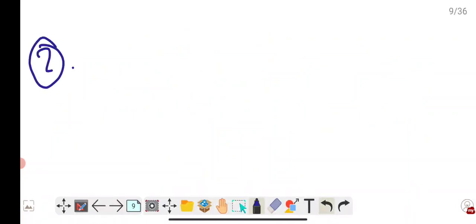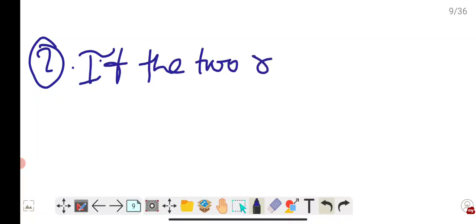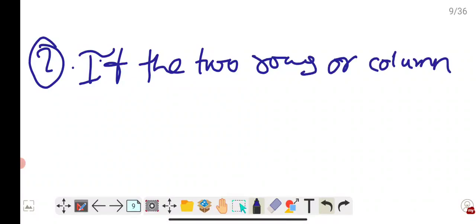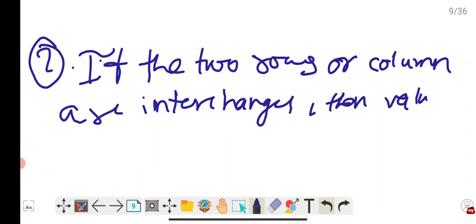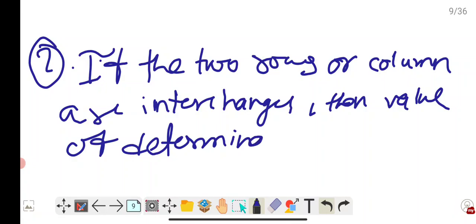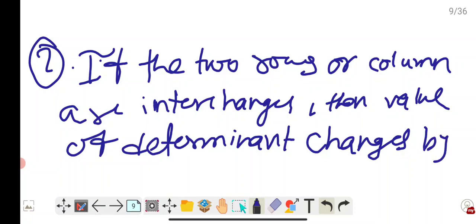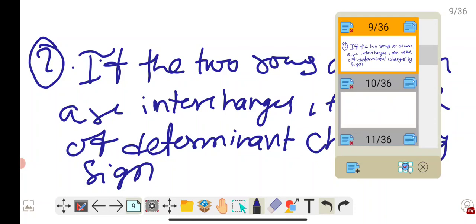Second property: if two rows or columns are interchanged, then the value of the determinant changes by sign. Simply, what does it mean? Let's take an example, then it will be more clear.